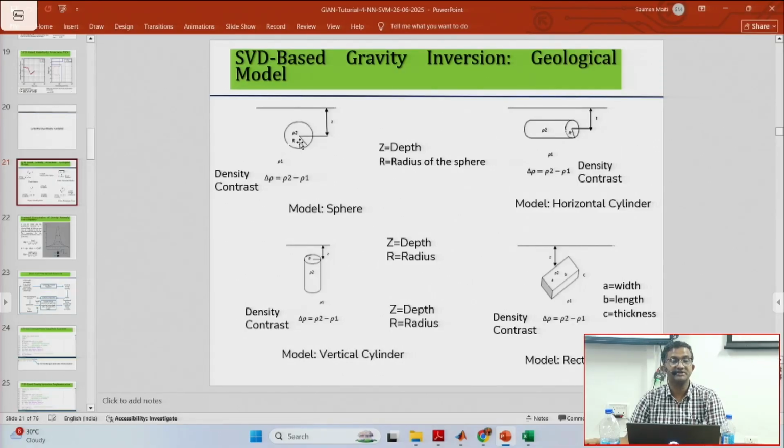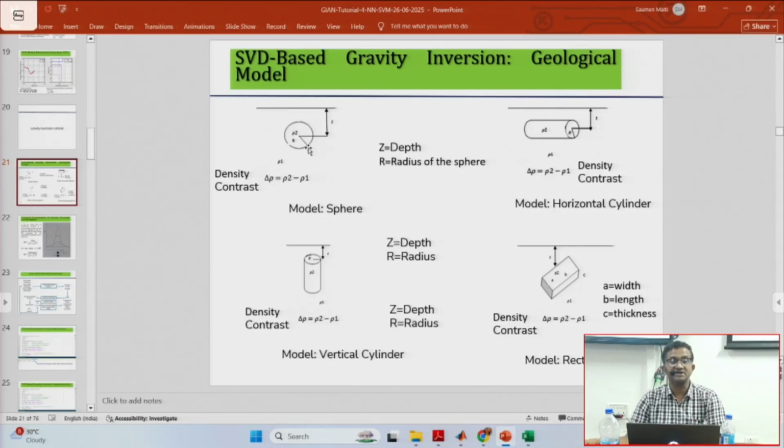Size is governed by the radius here for your buried sphere, and z is the depth variable. So the anomaly nature, their amplitude, is governed by these three factors. One is the density contrast, another is at what depth the causative body lies, and third is the size.